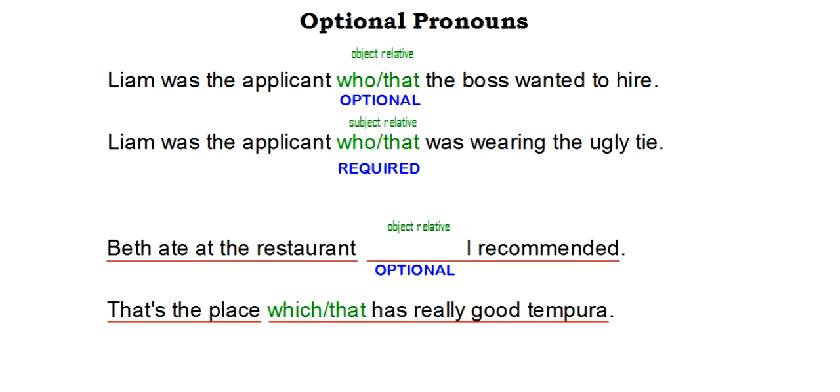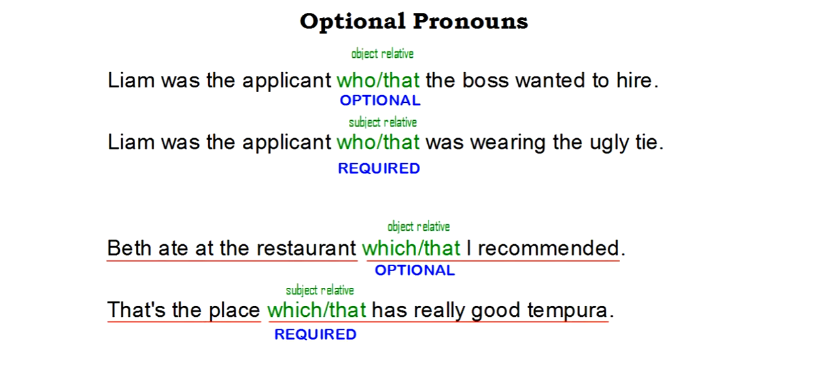I can take it out, and I have a perfectly good sentence there. The second example, that's the place which or that has really good tempura. You'll notice that the second clause, has really good, doesn't have a subject. The subject is the pronoun. Subject relative, so it's required. You cannot remove this relative pronoun.